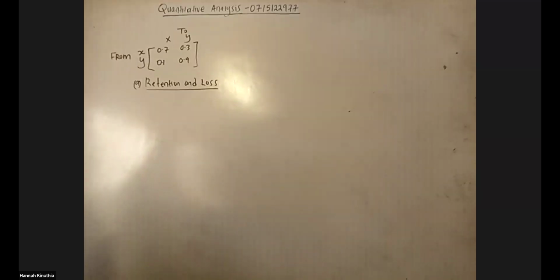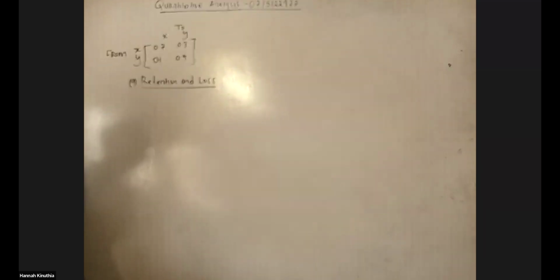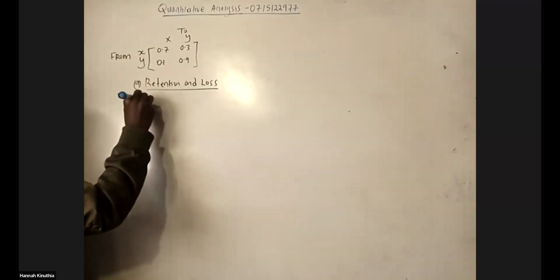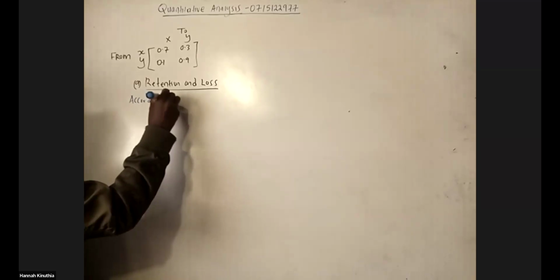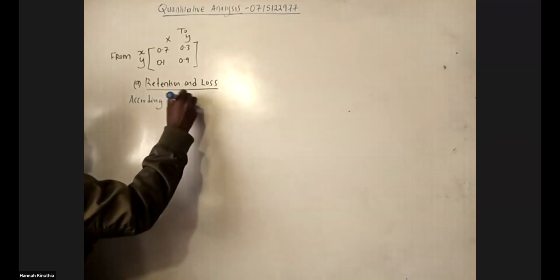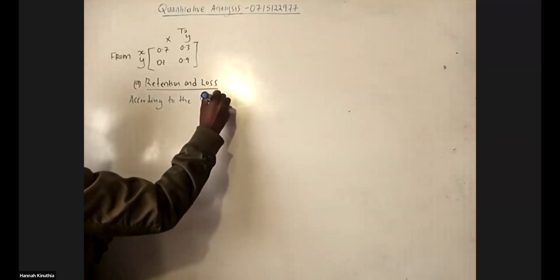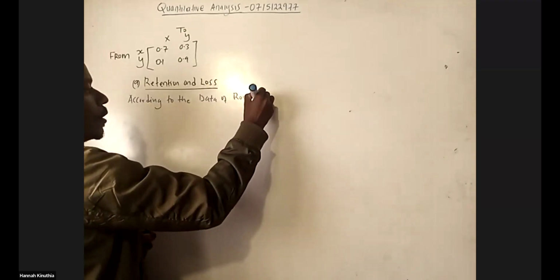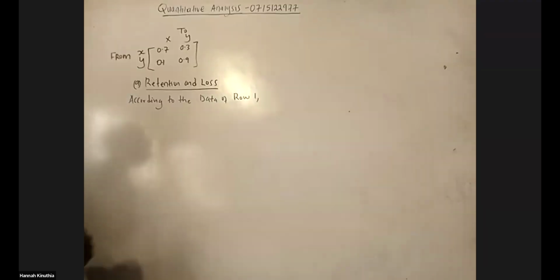You explain. Now, according to the data of row 1, so here we will see which one is row, which one is column.